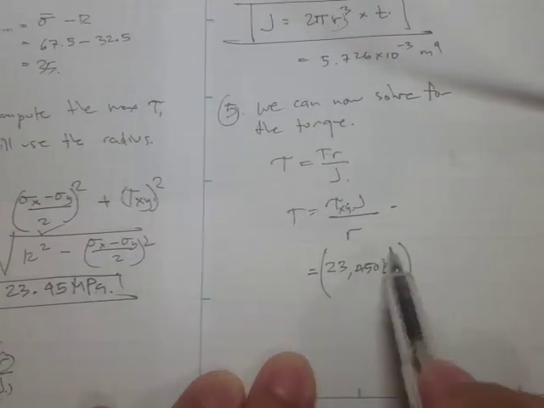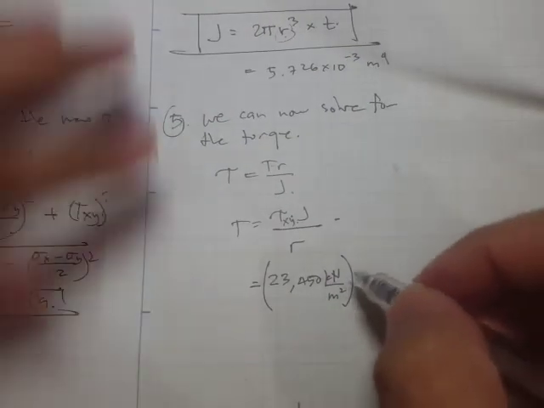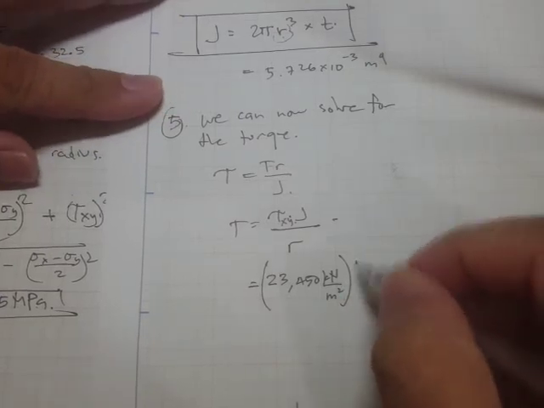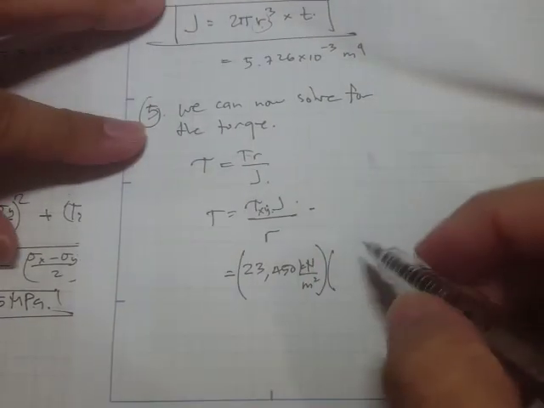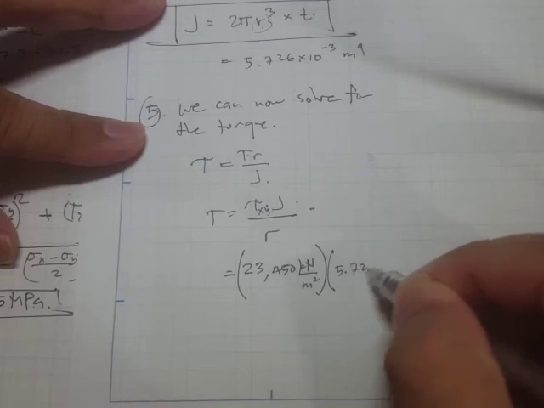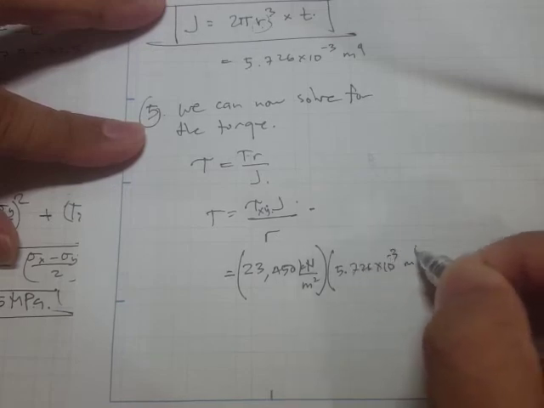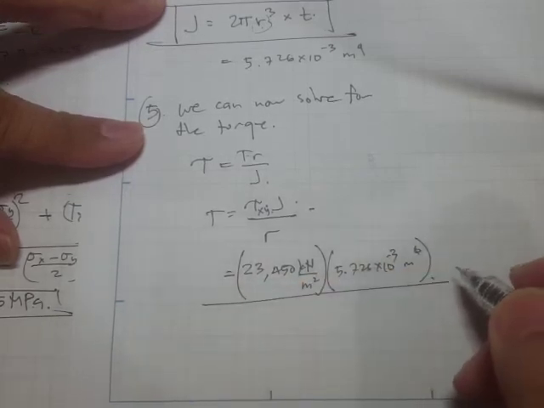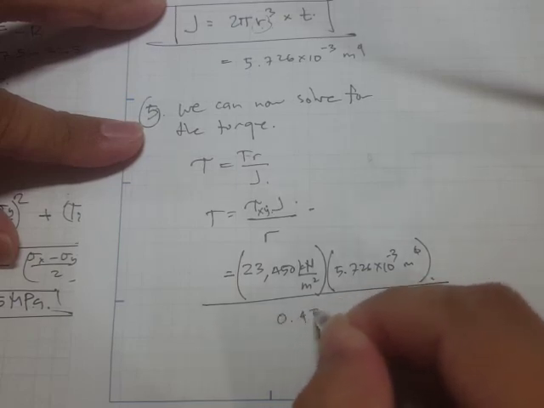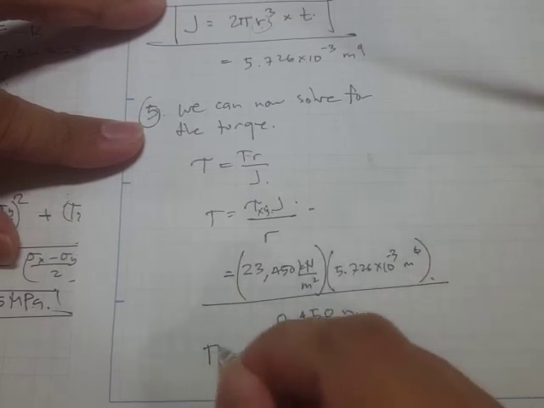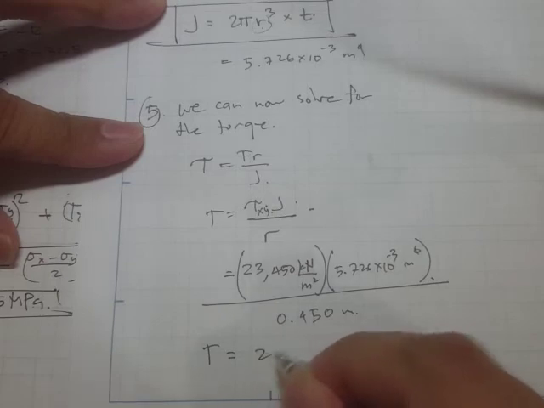This one is megapascals, but I'm going to convert that to kPa, times the J, which is 5.726 times 10 to the negative 3 meter to the fourth. And the radius, in terms of meter, is 50 meters. And therefore, the torque would be 298 kilonewton meter.